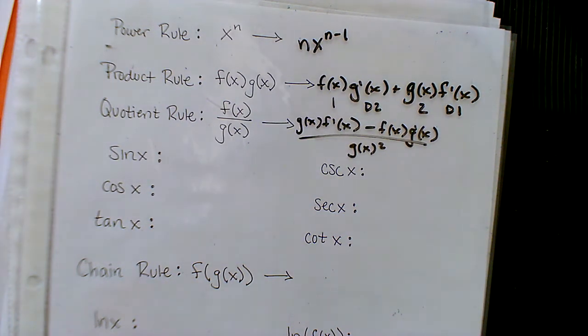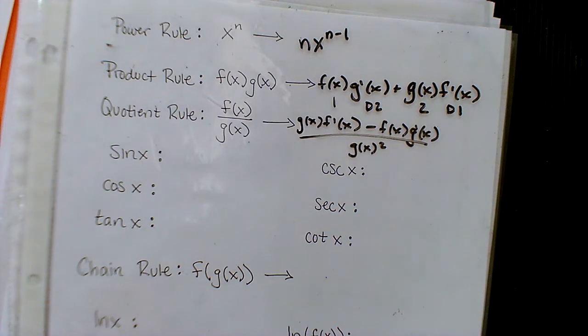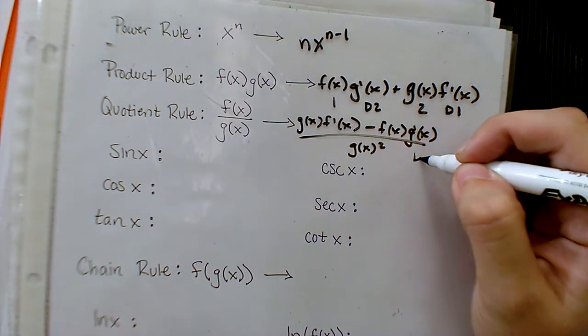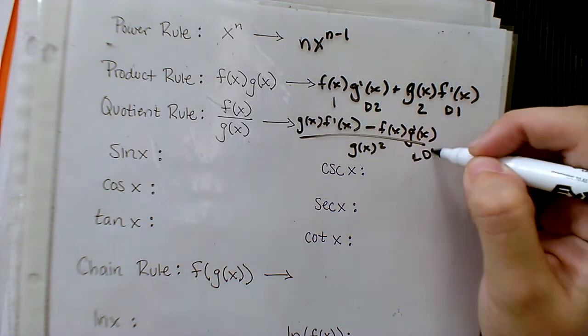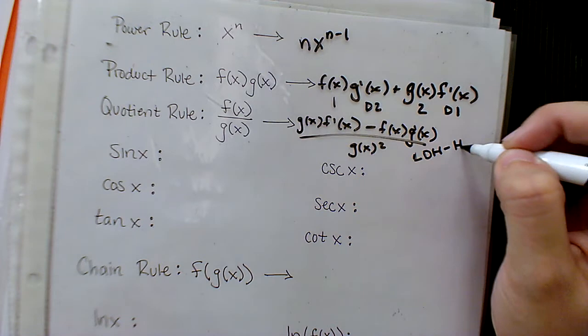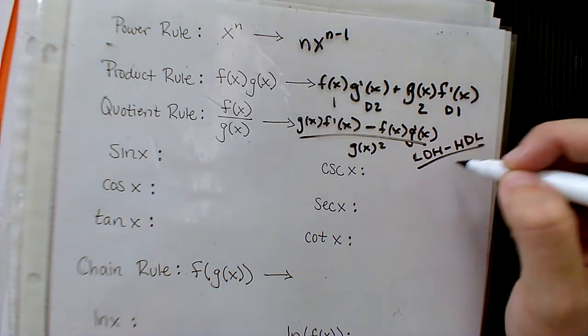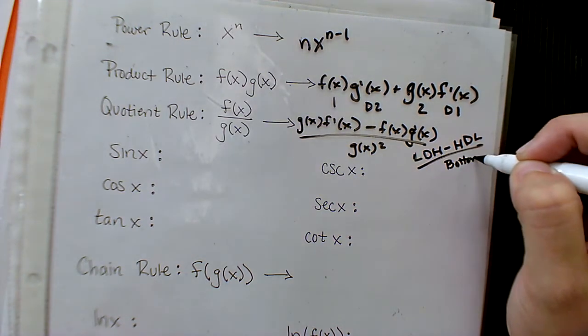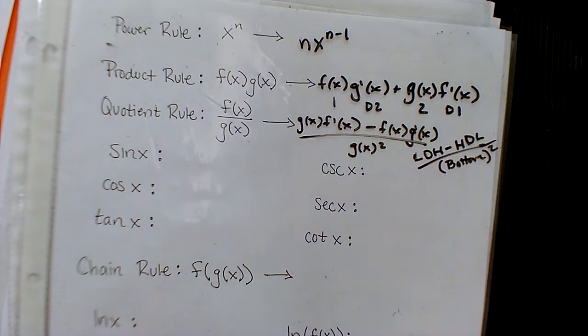Low d high minus high d low. Square the bottom and we're good to go, or away we go, something like that. All right, whenever I say that, it kind of reminds me of Snow White and the Seven Dwarfs. Like hi-ho, you know, but it's low d high minus high d low, okay? So I'll write it down. Low d high minus high d low, square the bottom, and we're good to go.